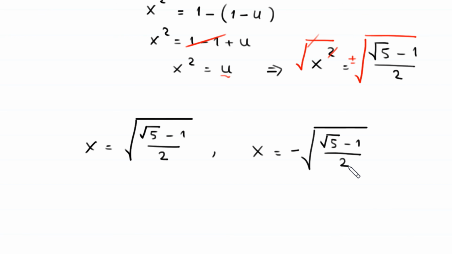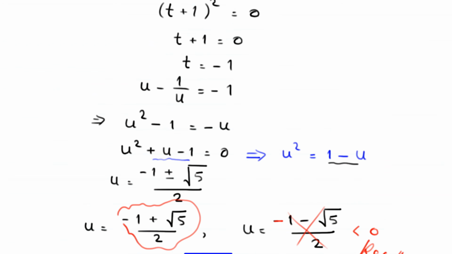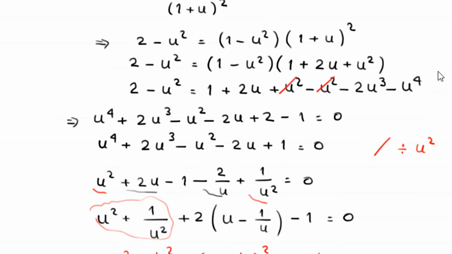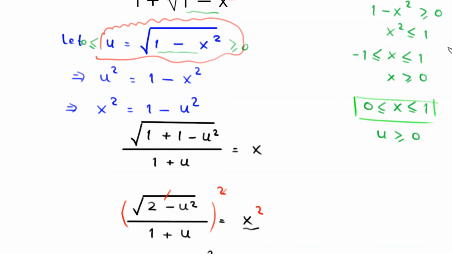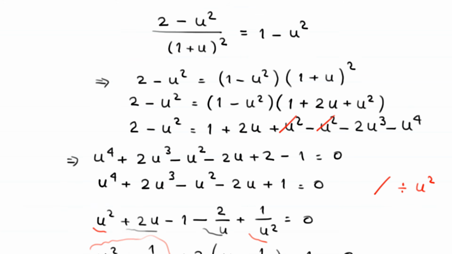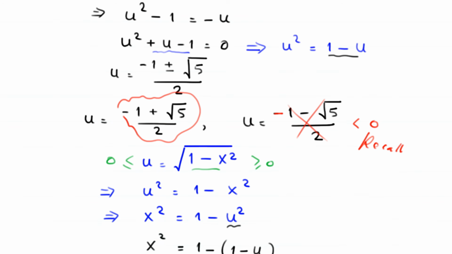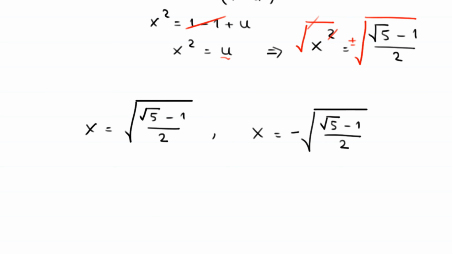Now we use the domain of this equation to remove invalid solutions. The domain of the equation is x must be less than or equal to 1 and x must be greater than or equal to 0.